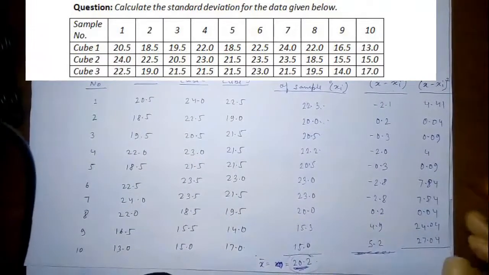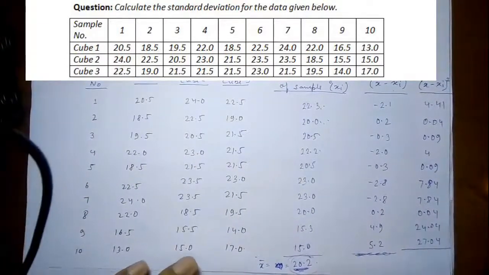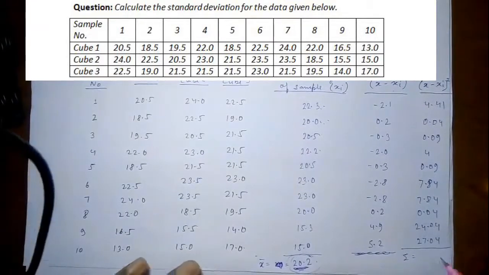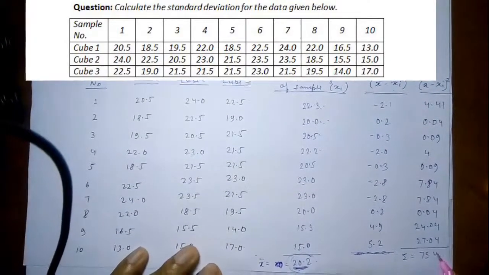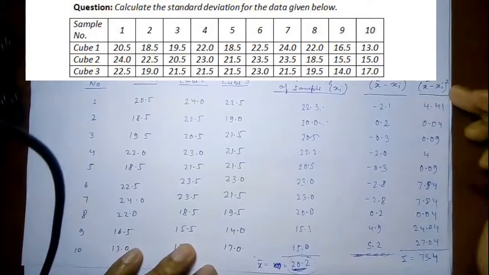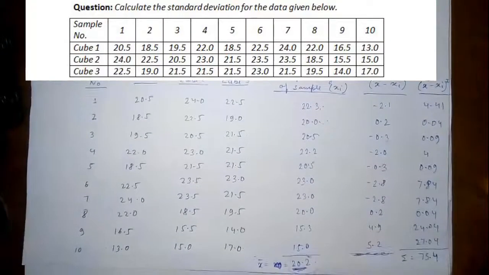Now taking the summation of this, it will be around 75.4. So 75.4 is my summation of x bar minus xi squared.